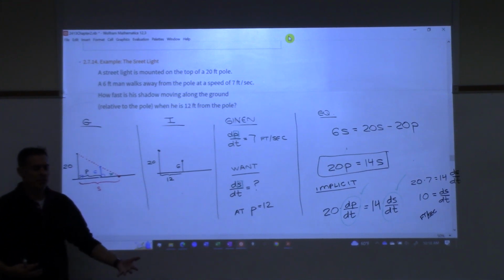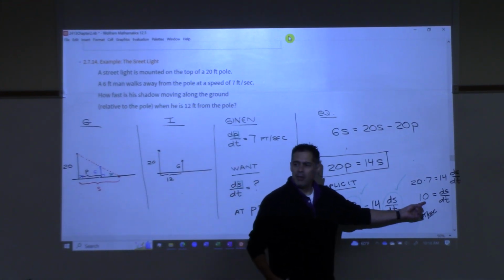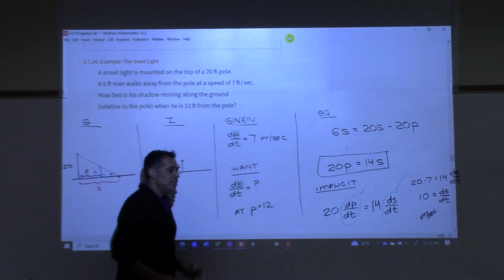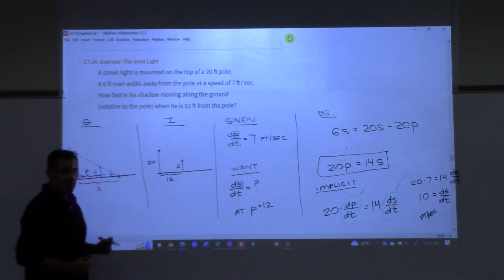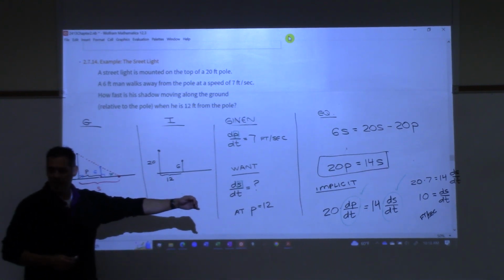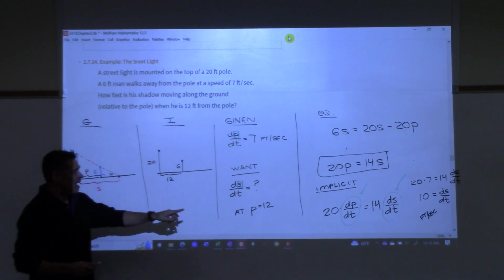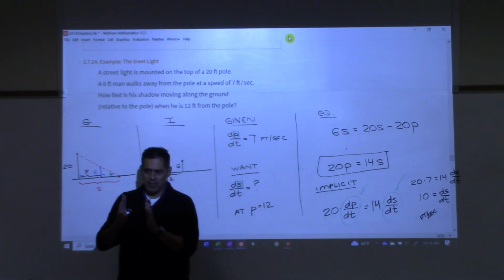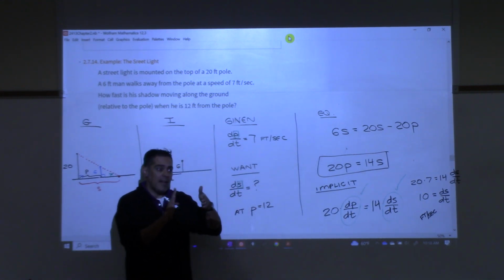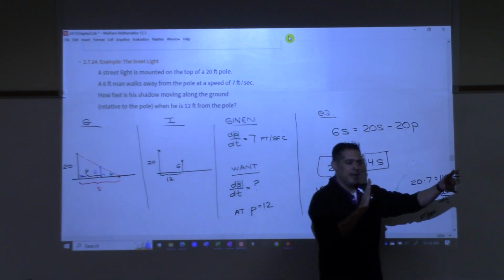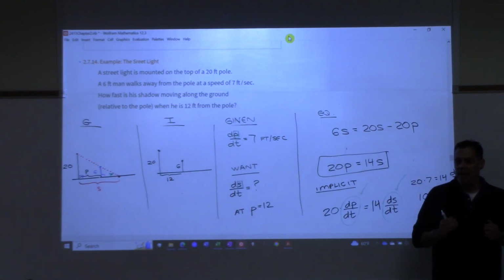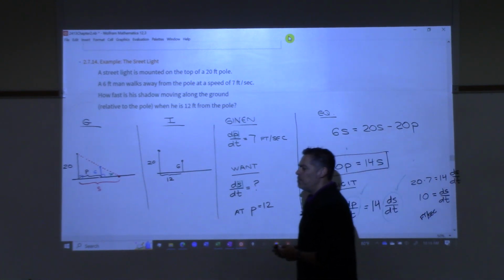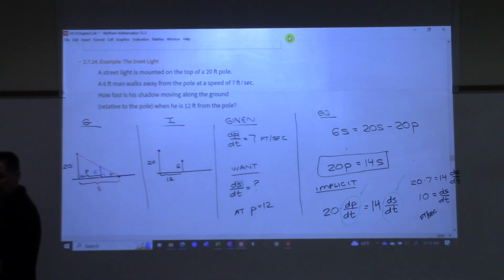The speed of the shadow is always 10 feet per second, regardless of his position. Which means if he's running or walking at 7 feet per second, his shadow is moving at 10 feet per second. But that's a constant speed, right? Just like he's moving at a constant speed, the shadow's moving at a constant speed, but the shadow's moving faster than him, so it looks like it's moving away from him, right? It's like if you're running behind someone and they're running faster than you, they're going to move away from you. That's exactly what's happening here. But his position doesn't matter. The shadow's always moving at 10 feet per second.